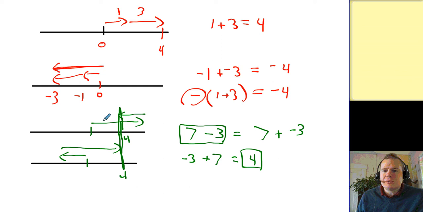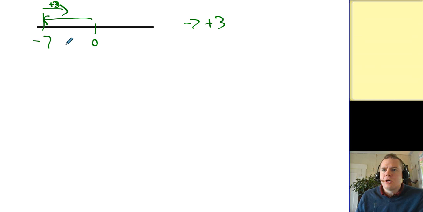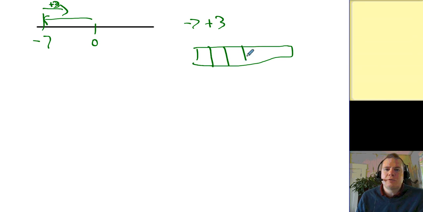I've got a big 7 and a little 3. 7, if I just take it as a block, 1, 2, 3, 4, 5, 6, 7. If I cut that block, try to make a straight line here.